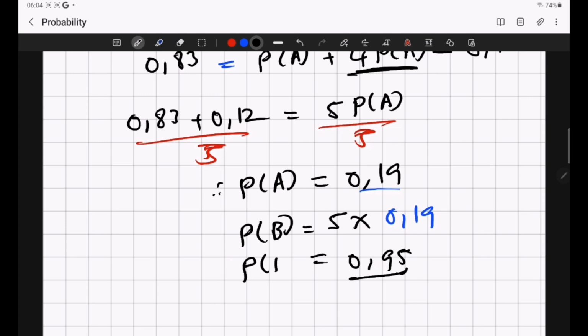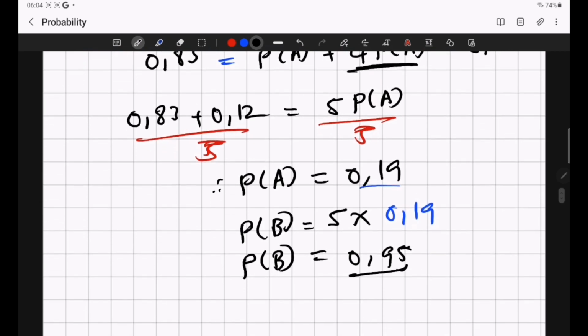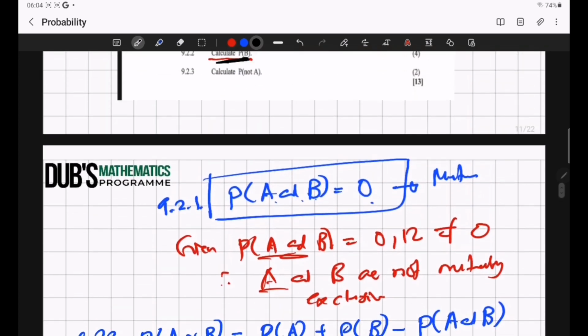That's probability of B. And you can see the probability of B is very high compared to probability of A. Probability of A is 0.19, probability of B is 0.95. So B is more likely to occur compared to A.